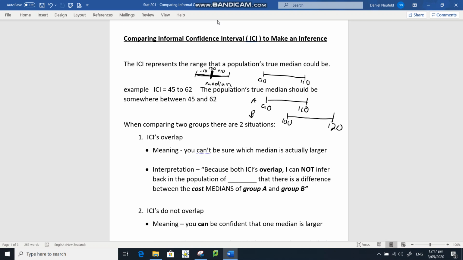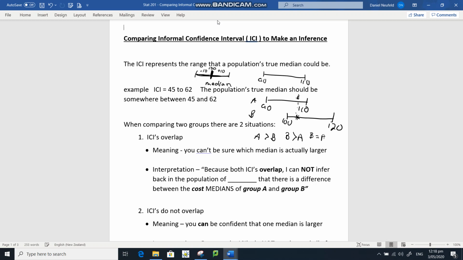That's our first part. Because they overlap, it's quite possible that the true median of A is 110 and the true median of B is 100, in which case A is bigger than B. But at the same time, because it could be anywhere on this range, it could be that the true median of A is down here and the true median for B is here, in which case B is greater than A. Or maybe the two are exactly the same in real life, in which case they're actually equal.